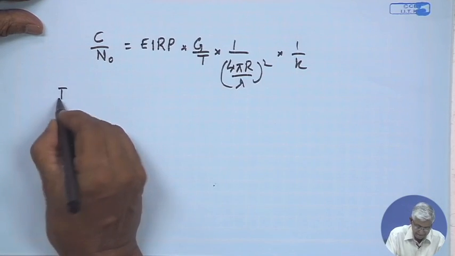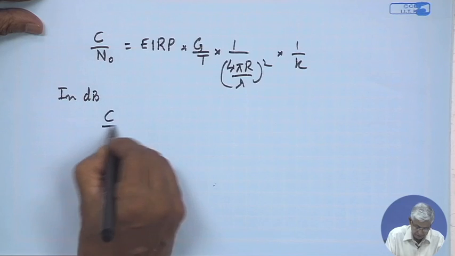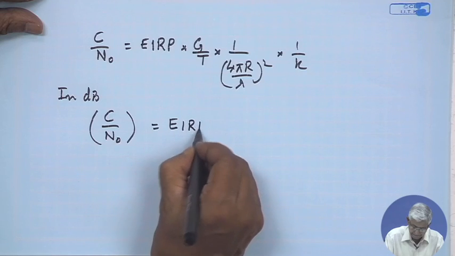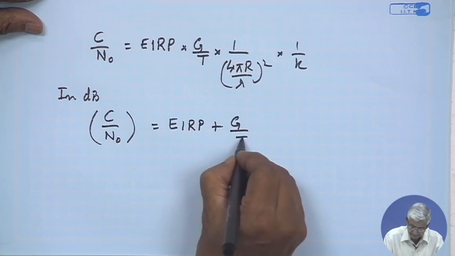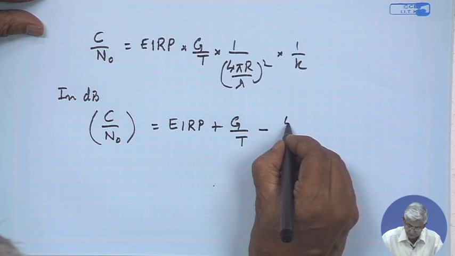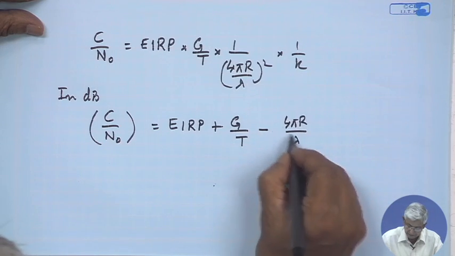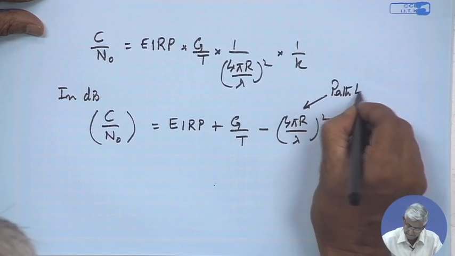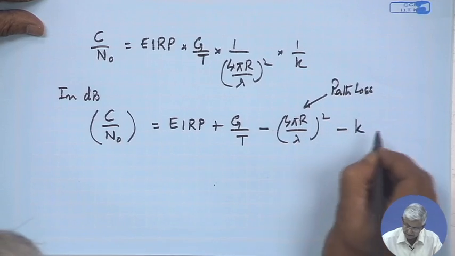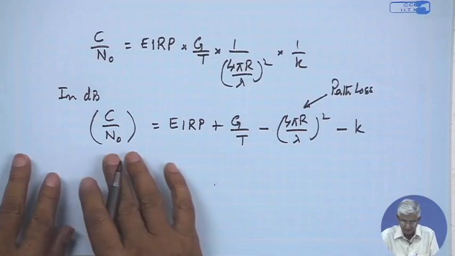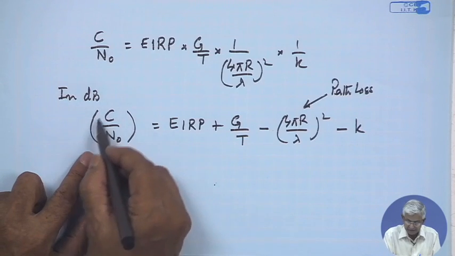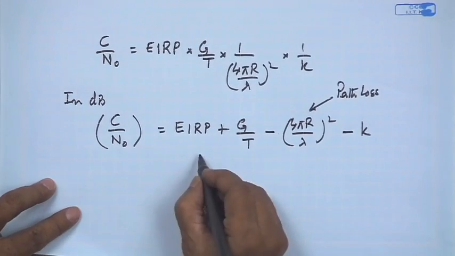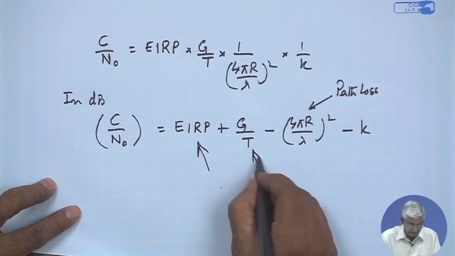And in dB, it will be C by N naught is equal to EIRP plus G by T minus 4 pi r by lambda whole square, which is path loss, minus K. So, it is in dB terms, and the unit is dB hertz, because it is N naught, hertz has gone up.